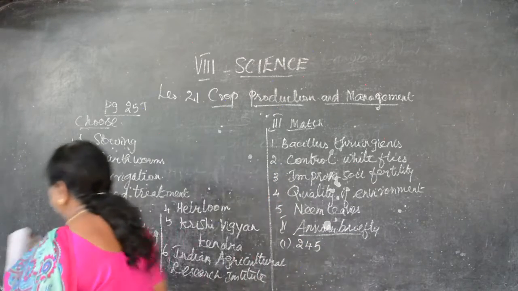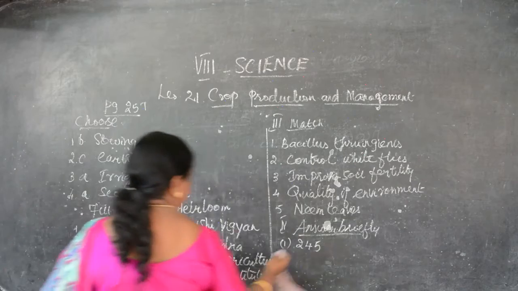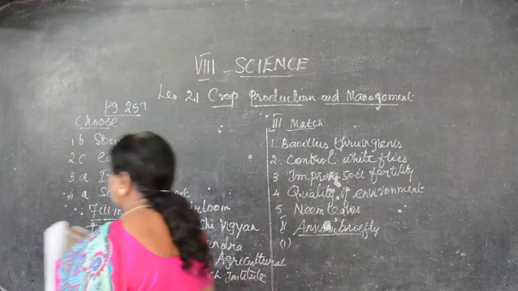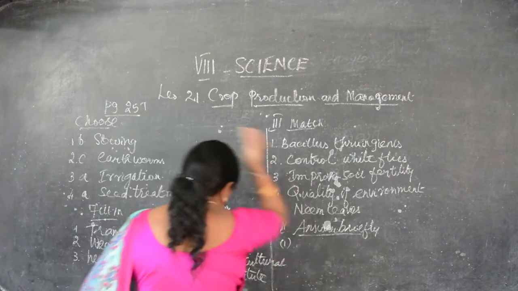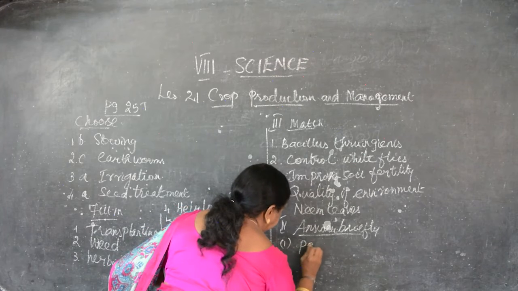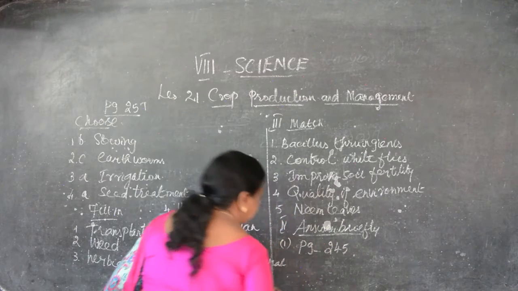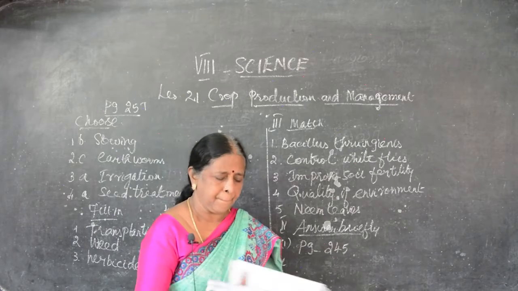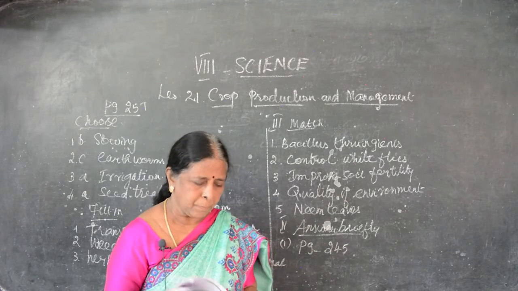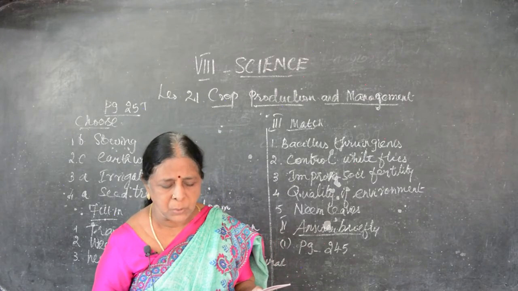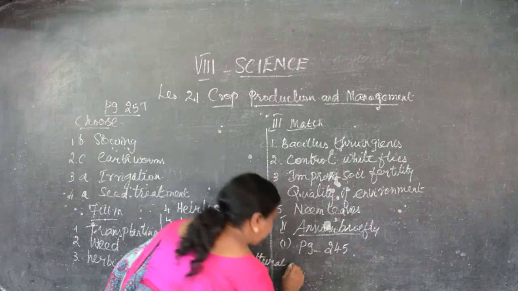One second. Page number I have not written. And next question is, name the methods of sowing. It's in page number 246.